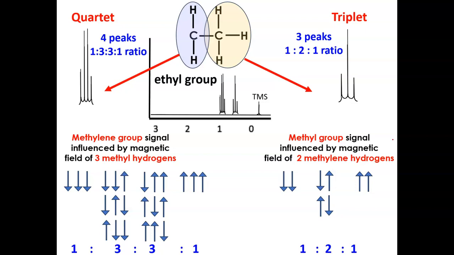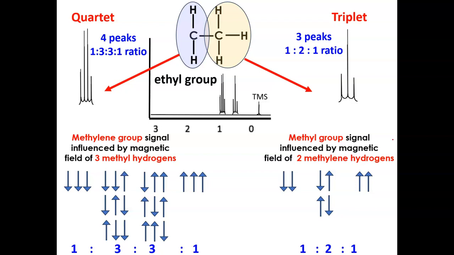The methyl group on the right has 2 adjacent methylene protons, plus 1, which means we'll get a triplet. And again, I've aligned the protons so you can see whether they are with or against the field. We've already seen the 1 to 3 to 3 to 1 option for the CH2 part of the molecule.